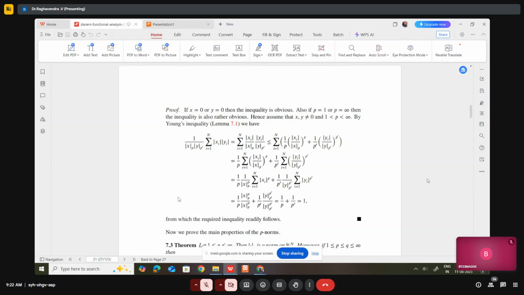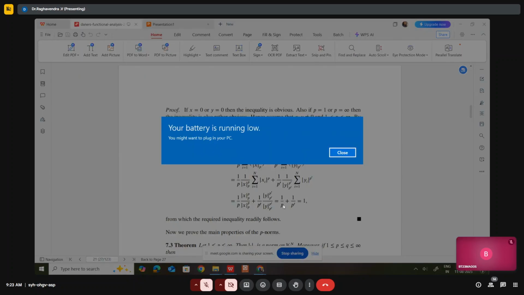So that is what Holder's inequality is. You push this norm x raised to p, norm y raised to p prime to the right side. What you get is summation i equal to 1 to n of |xi| into |yi| is less than or equal to norm x raised to p times norm y raised to p prime. That is what we wanted.